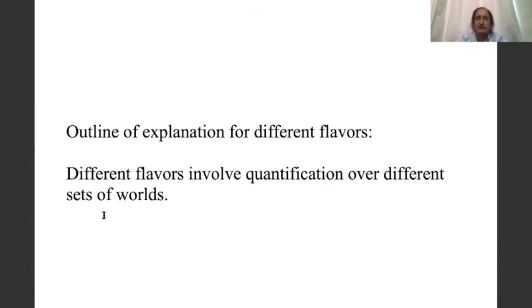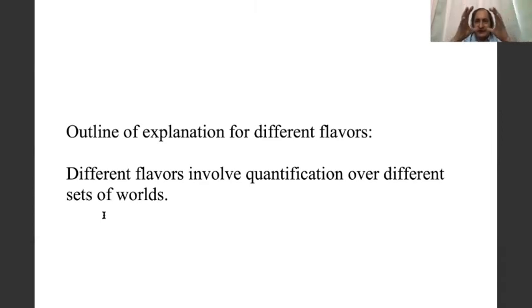Okay, so we've got these different patterns of how things can be interpreted, and we want an explanation for where these differences come from. And our explanation is going to be basically this, that they all involve quantification over worlds, but they don't look at all of the worlds.